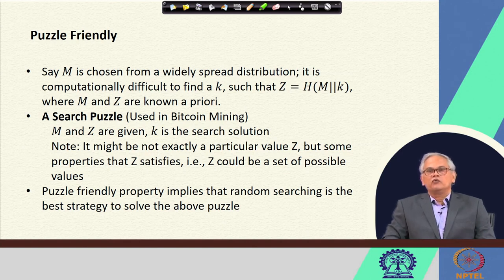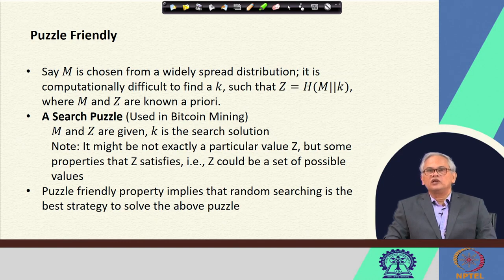That means we are saying that your message is m, now determine K, that is the solution to the puzzle, so that the hash of m concatenated with K will generate Z. Now, of course, this Z is not always something that is given; rather, certain properties of Z are mentioned, so that this hash of m concatenated with K should satisfy those particular properties. So, effectively we can say that Z is acting like a set of possible values instead of one particular value.